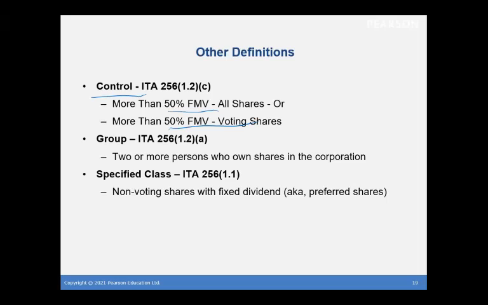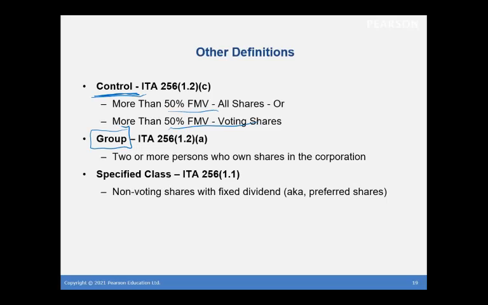There's a couple more definitions here. We're just setting the table for all these words that we're going to be using. So related individuals, related corporations, who are they? What is control? Another definition that's going to come into play is this word group.